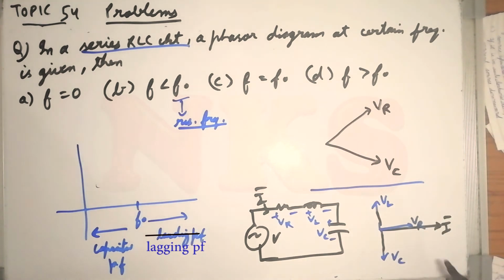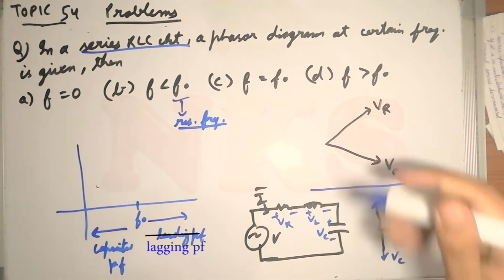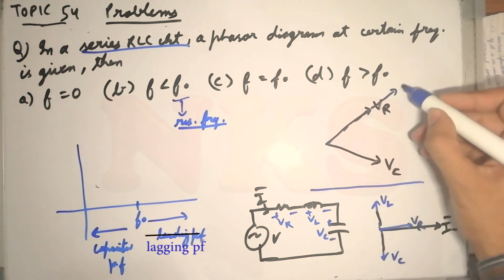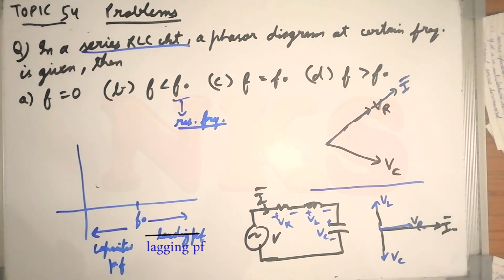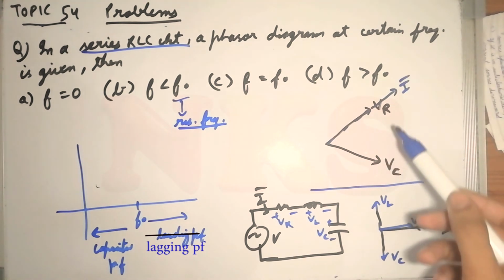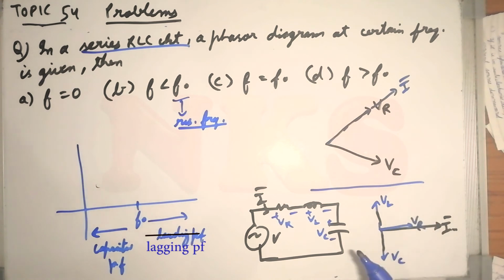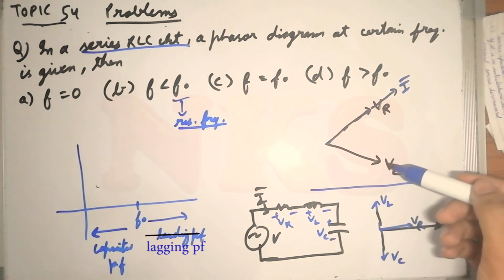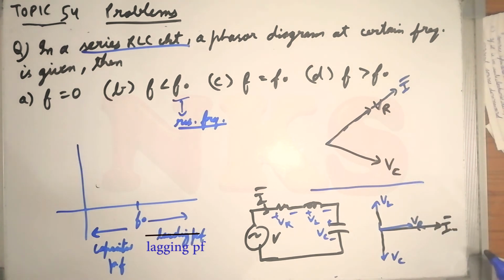VR is in phase with the current phasor, because the resistive drop is always in phase with the current. So my I phasor is in this direction. Now we can easily see that I is leading VC. That means this circuit is behaving like a capacitive nature.